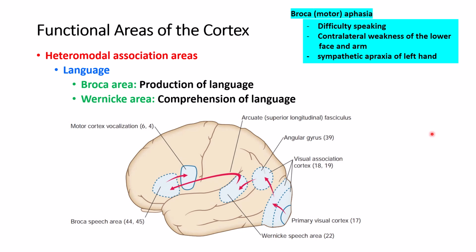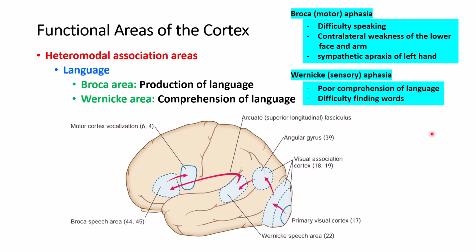So they have different symptoms, most of them related to movements and speech. In Wernicke aphasia, it is sensory, so there is difficulty understanding words, difficulty finding words, and they may have difficulty understanding what they read. So this is more sensory, but they can talk properly.